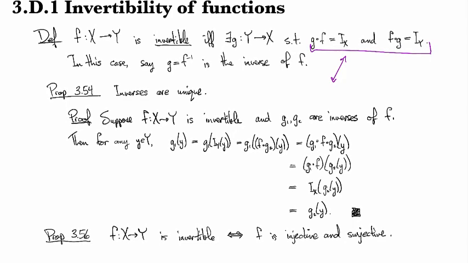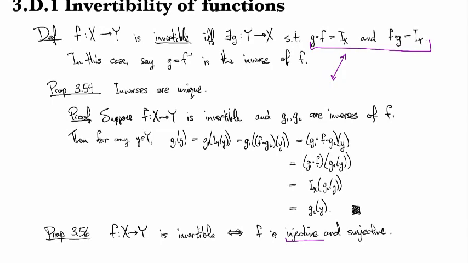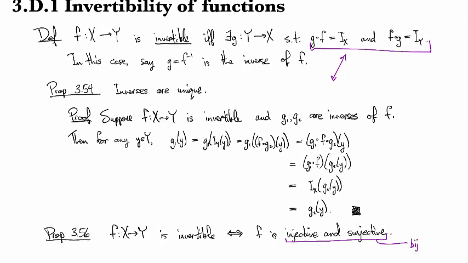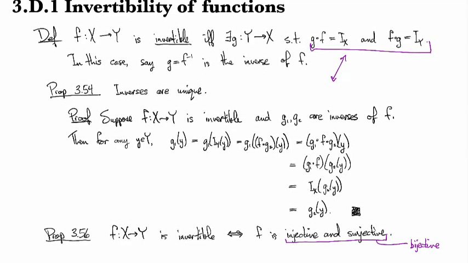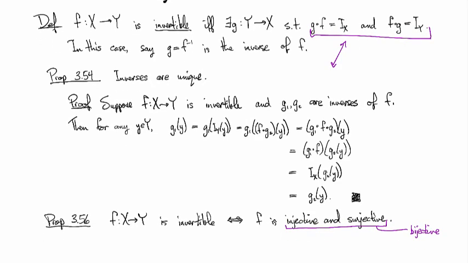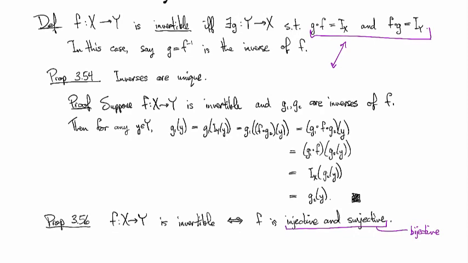There's a term for this: if something is injective and surjective together, it's called bijective. If there's a bijective correspondence between two sets, it means that you can pair off the elements of those two sets exactly, with no duplications and nobody left out.